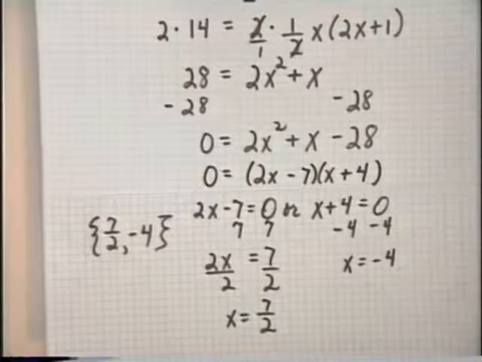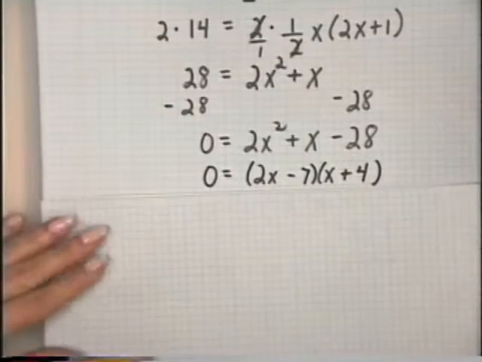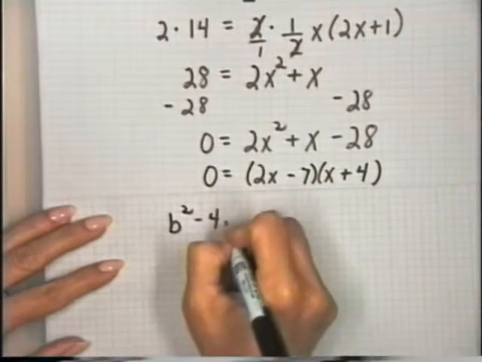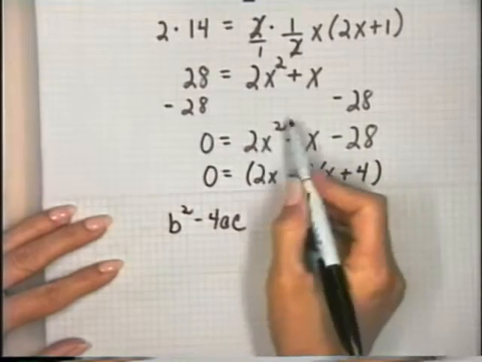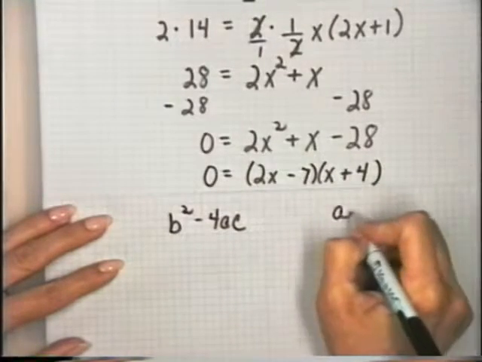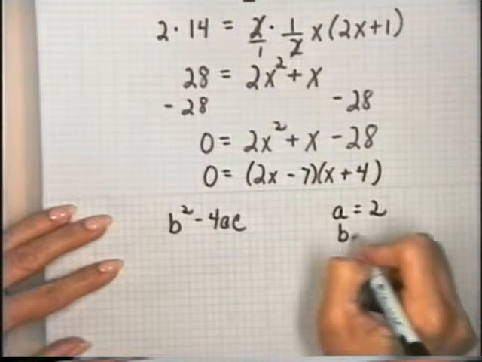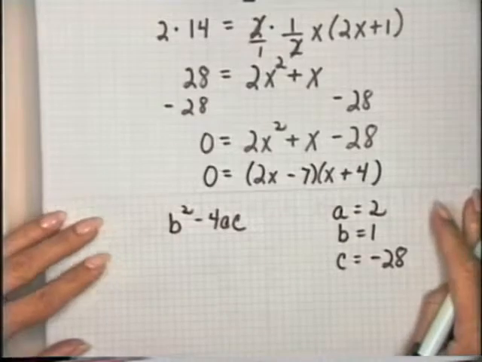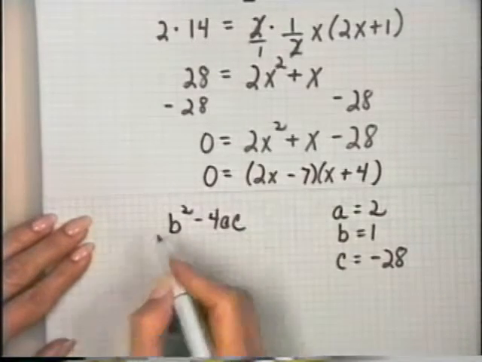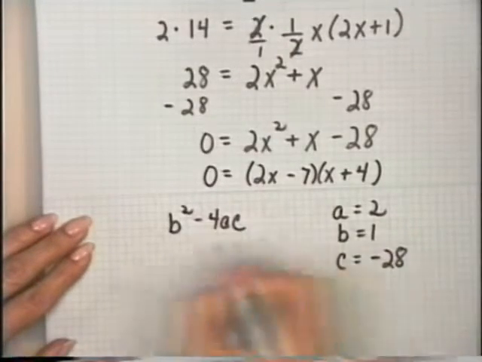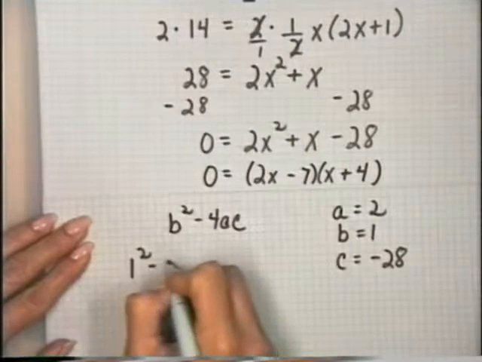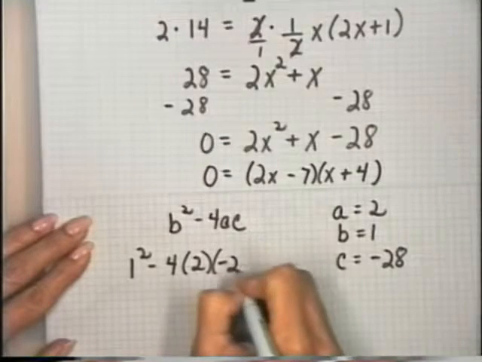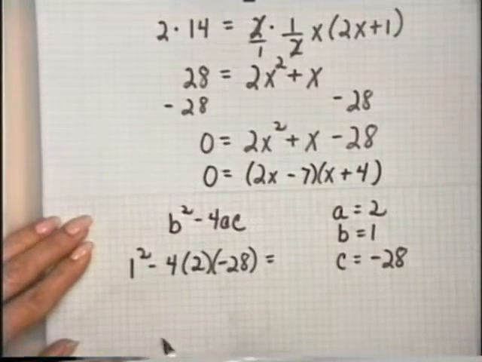Let's calculate the discriminant here. The discriminant is, remember, b squared minus 4ac. For this problem, our a is 2, our b is 1, our c is negative 28. Let's calculate and see what number this is. B squared would be 1 squared minus 4 times a is 2 times c is negative 28.